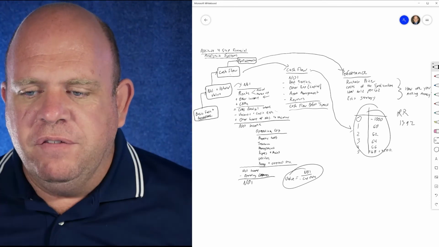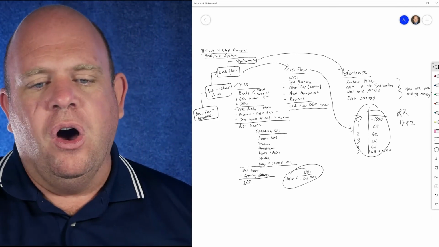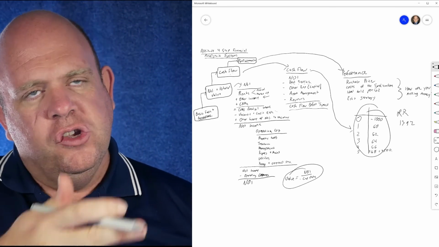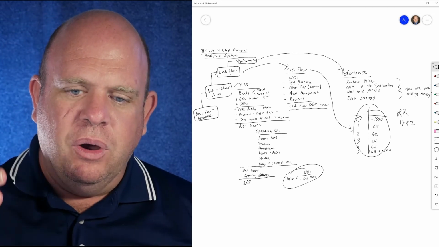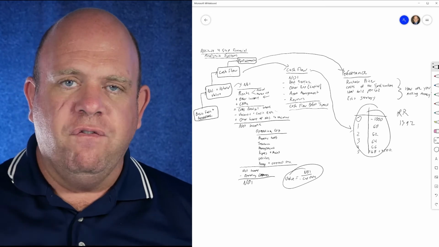Part of the financial analysis system is, once you've identified all of these, you know what the NOI is, you spread out that NOI to figure out what the NOI is estimated to be for years 2, 3, 4, and 5.